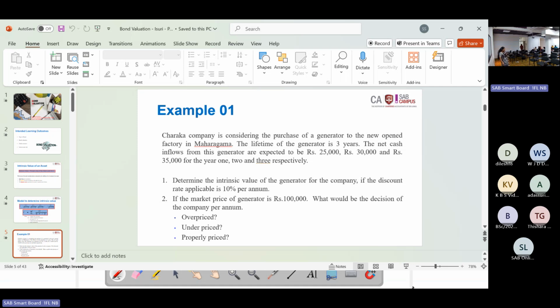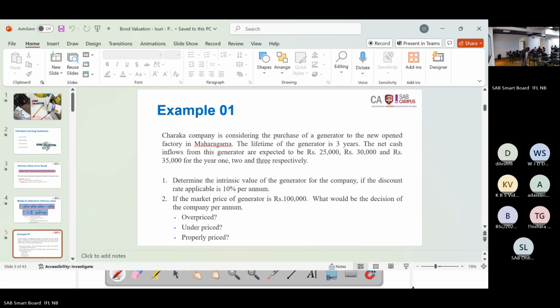If it is so, is it underpriced, overpriced, or fairly priced? The value of this asset is 73,816. The value means that. But it's trading in the market at 100,000. Is it overpriced, underpriced, or fairly priced in the market?